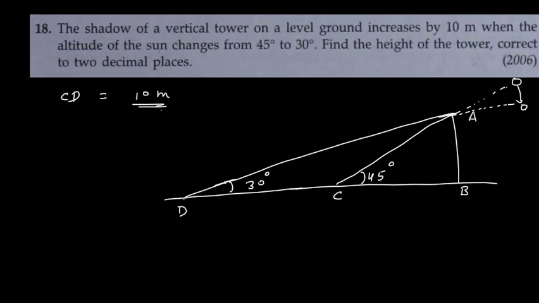This BC we do not have to find, we have to find the height, this AB. 100% same question as we have done in question number 17. So if you have any doubt, then go again and check how question number 17 was solved and try to solve this problem by yourself.